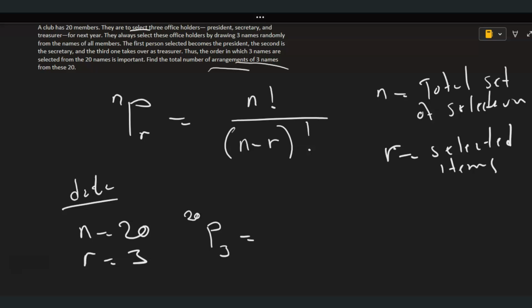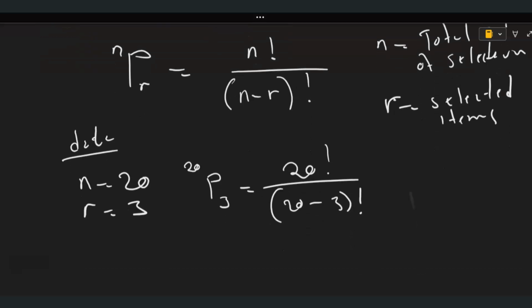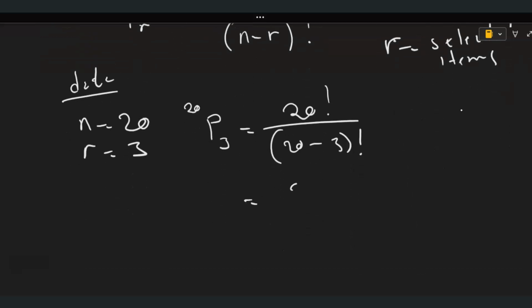Now we get our formula and replace n. So we know n is 20, divided by (20 minus r, which is 3) factorial. So this becomes 20 factorial divided by 17 factorial, since 20 minus 3 gives us 17.